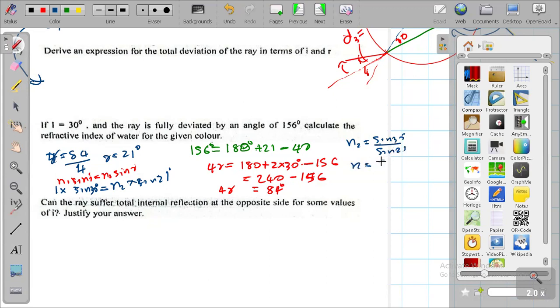Sine 30 is 0.5. Sine 21 we find in the sine tables, but I'll just use the calculator. Sine 21 will be 0.3583.